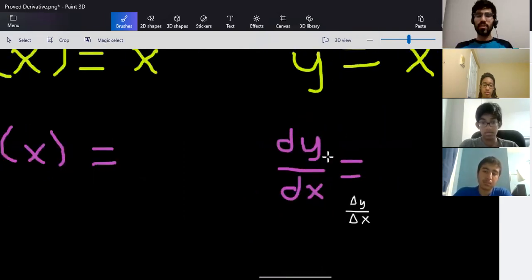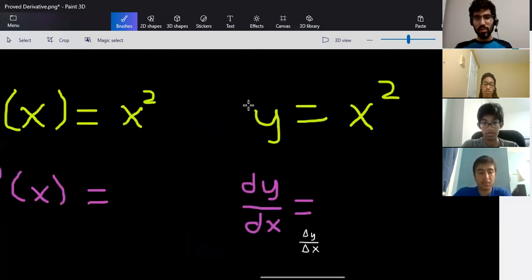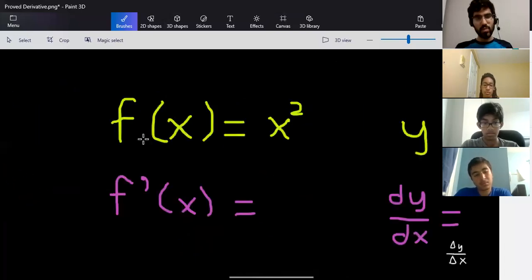So that's why we have this special notation. We use this notation when we have an equation like y is equal to x squared, and this notation when we have f of x, like a function notation. Does that make sense? All right, cool. Any other questions before we move on to finding the magical Bob formula?